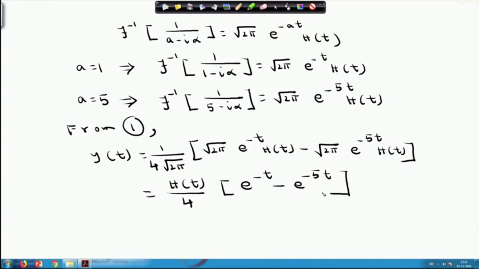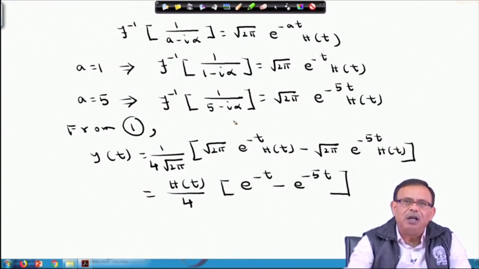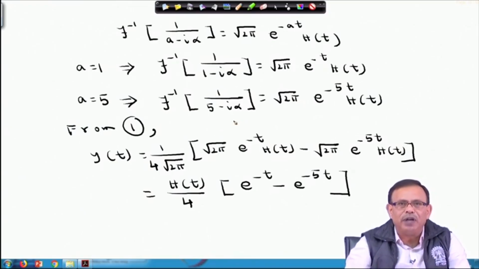Please recall that using this form I am trying to find the Fourier inverse. Once I obtain the Fourier inverse of 1 by (1 minus i alpha) and the Fourier inverse of 1 by (5 minus i alpha), then I can tell the value of y(t).